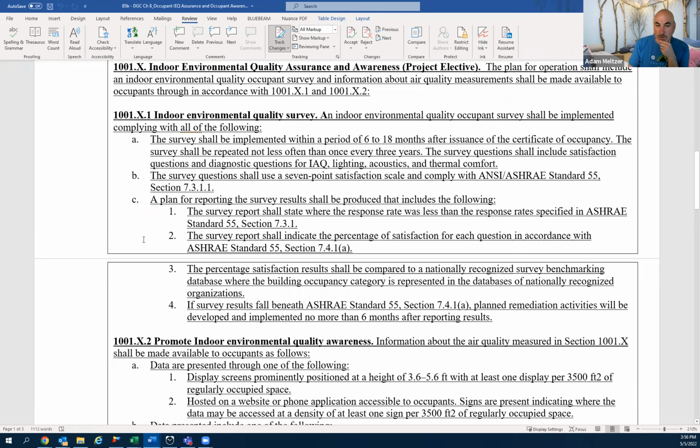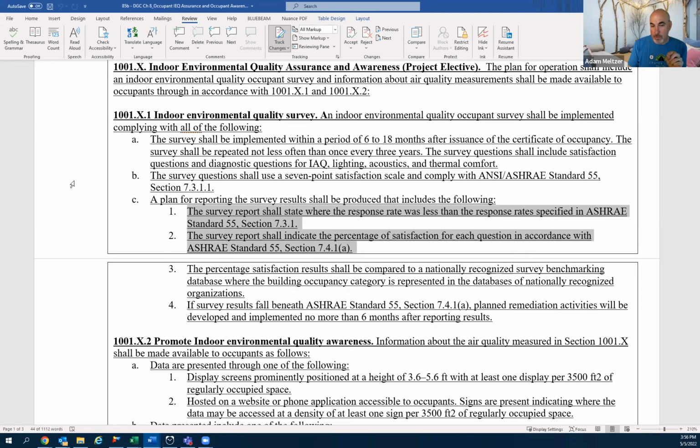I'm wondering if there's a way we can word that better and also include an actual percentage of a response rate so that people don't have to go to ASHRAE standard 55, section 7.31 and 7.41 and look up what the minimum response rate is, which is what I think that's asking for, but I think the language is a little unclear.